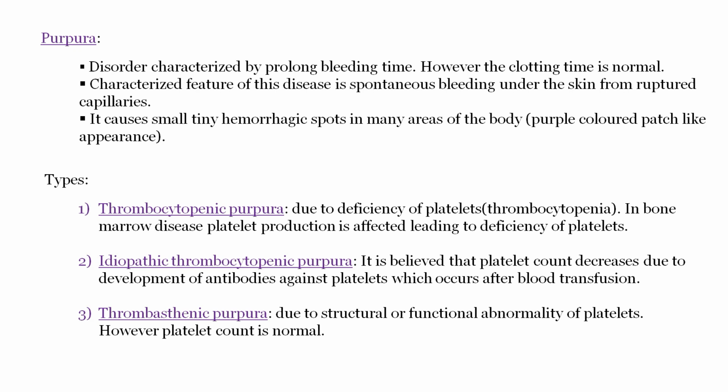In bone marrow disease, platelet production is affected leading to deficiency of platelets. Idiopathic thrombocytopenic purpura. It is believed that platelet count decreases due to development of antibodies against platelets, which occurs after blood transfusion. Thrombasthenic purpura, due to structural or functional abnormality of platelets. However, platelet count is normal.